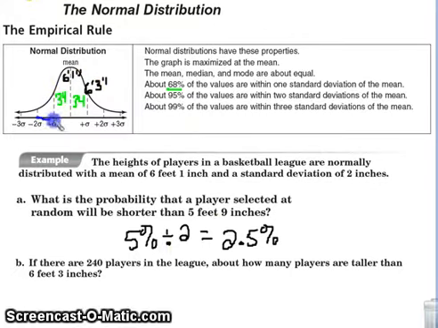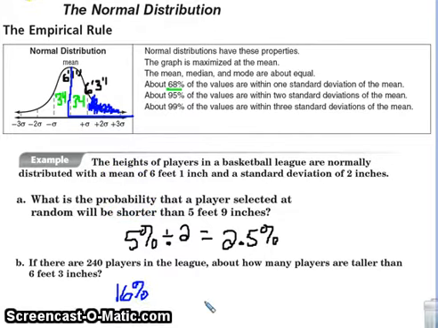This is 95%, right? Well, you can look at it this way. This has got to be 50, right? So if this is 50%, and from here to here is 34, then this is going to be 50 minus 34, which is 16%.